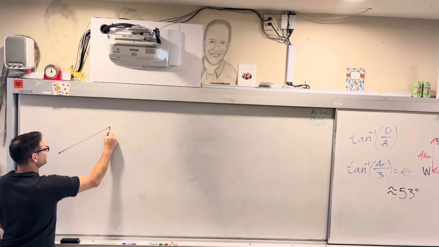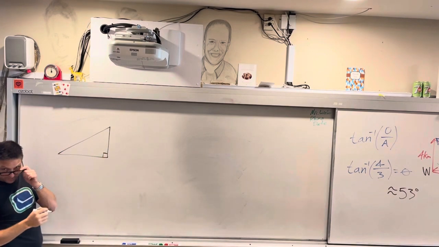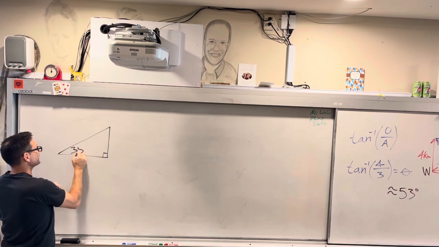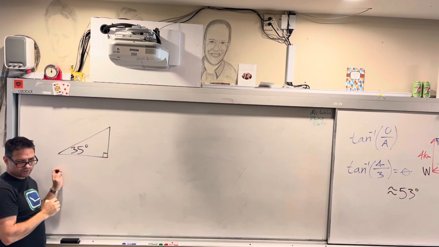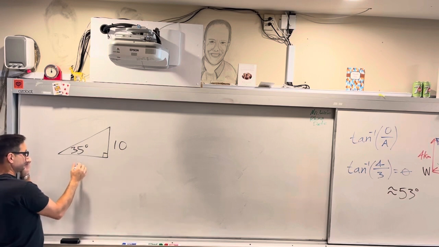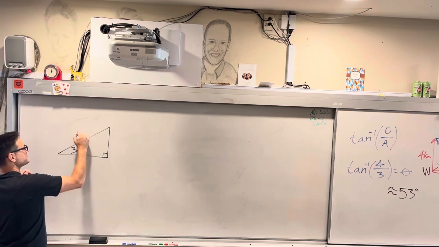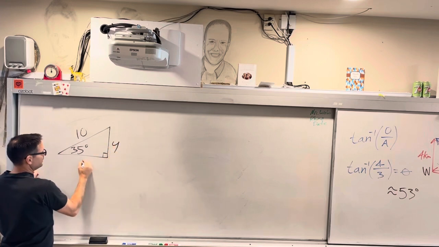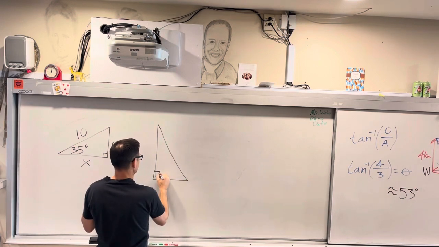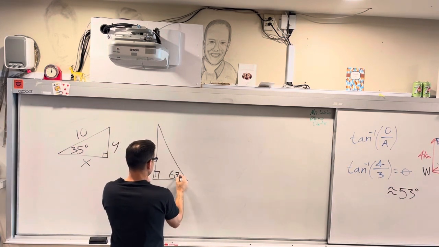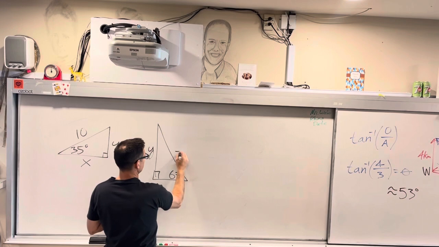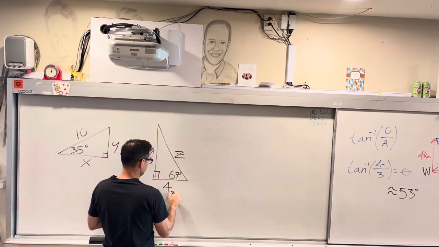Okay, here's a triangle. Give me a degrees. Give me a number. 35? Thank you, Parsa. And a number from 0 to 20. 10? Okay, let's say this is 10. Tell me y and x. And we'll say this is 67. And this is y and z, and this is 4.2.